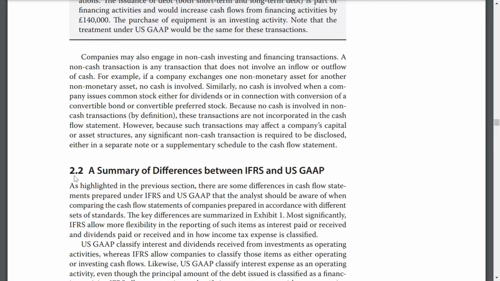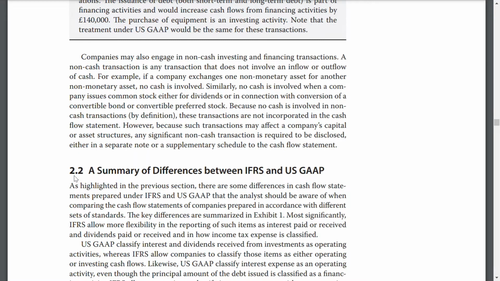These transactions are not incorporated in the cash flow statement. However, because such transactions may affect a company's capital or asset structure, any significant non-cash transactions are required to be disclosed either in a separate note or a supplementary schedule to the cash flow statement.